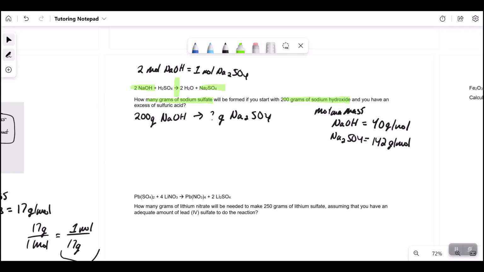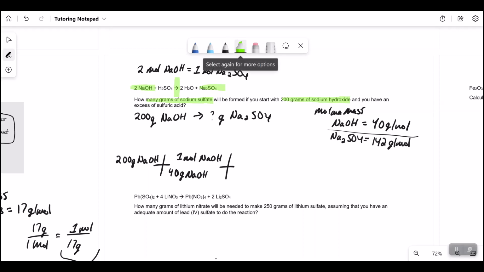So if we're starting with 200 grams of NaOH, we want our grams to cancel first. We can state it over here: 40 grams of NaOH is equal to 1 mole of NaOH. Next, we want our moles to cancel. We want that molar ratio. As I mentioned earlier, we have 2 moles of NaOH to 1 mole of Na2SO4.